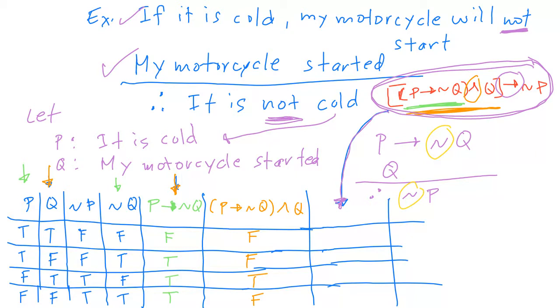You're looking at the fifth column, and the sixth column, and not P is on the third one. Again, sixth and third column we're looking at.